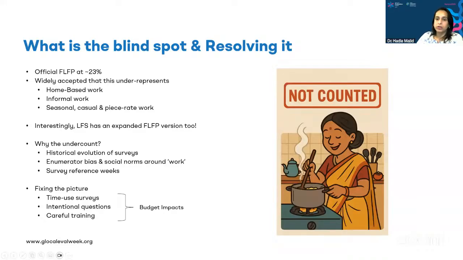So I have a picture here for you, which is a woman just doing some cooking in her kitchen. We've anecdotally heard that if an enumerator goes into a household and sees a grown woman at home in the 9 to 5 time slot, he or she will just automatically categorize her as not working.